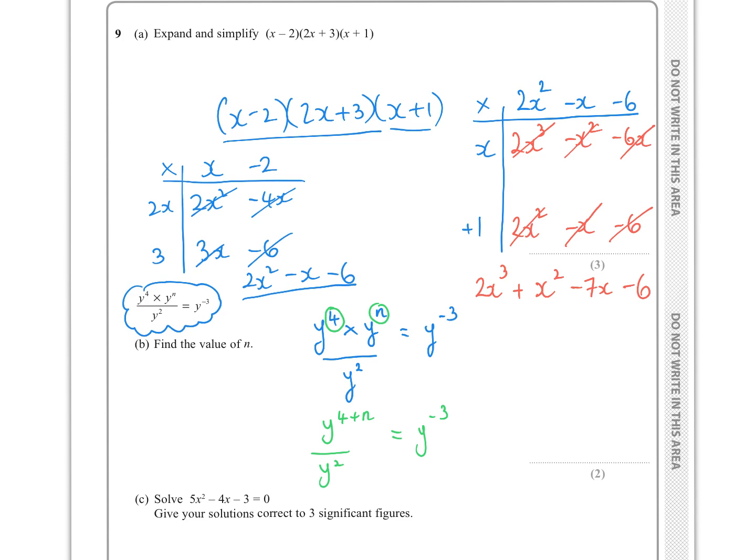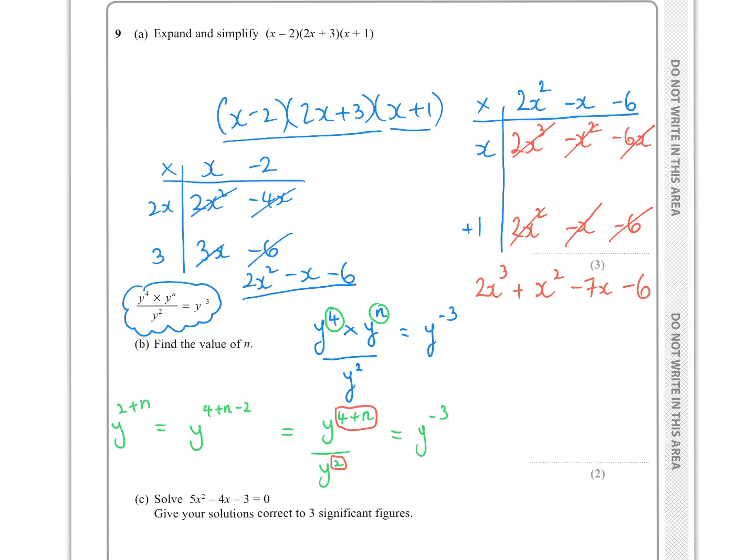And then, as we're dividing, we can have 4 plus n take away 2. So that's the same as y to the 4 plus n take away 2. And that's the same as y to the 2 plus n.